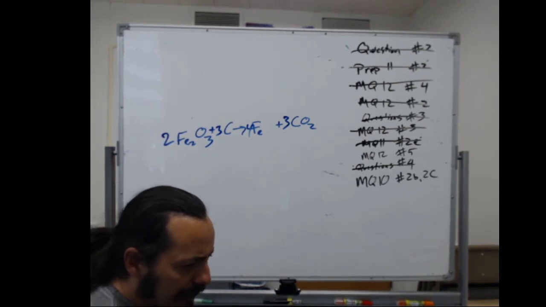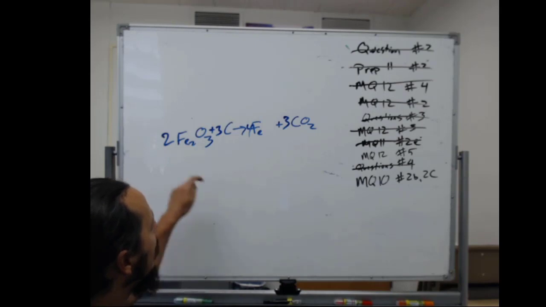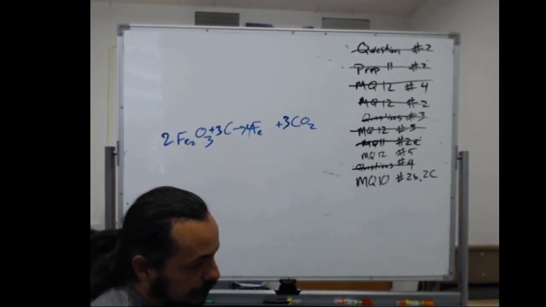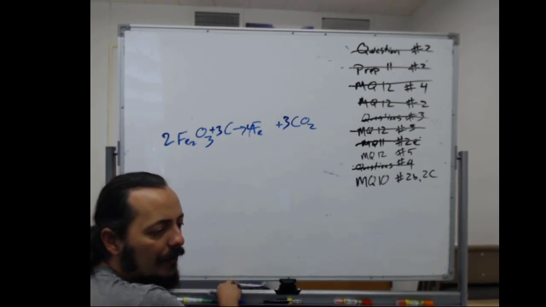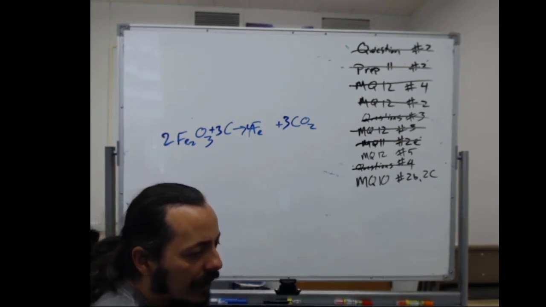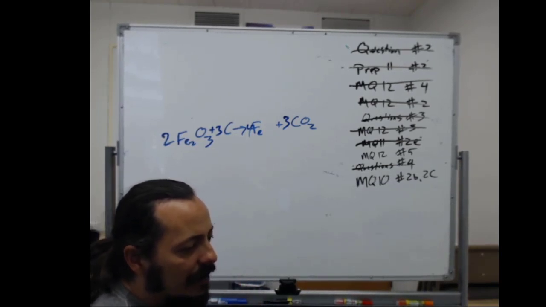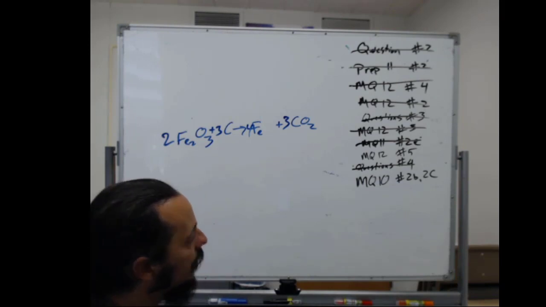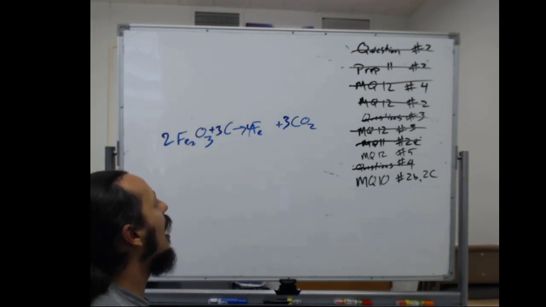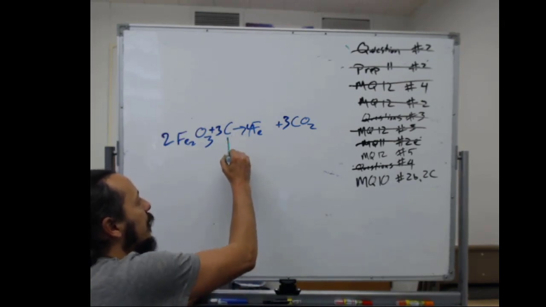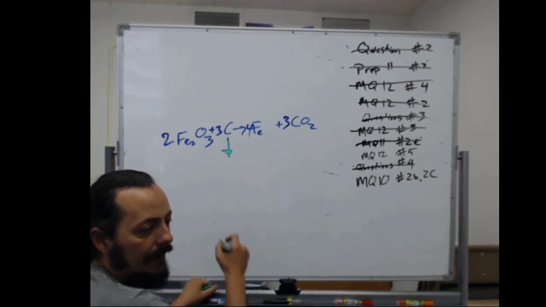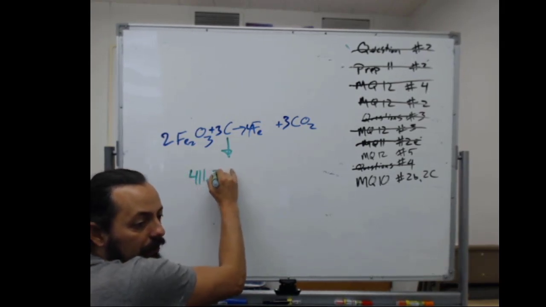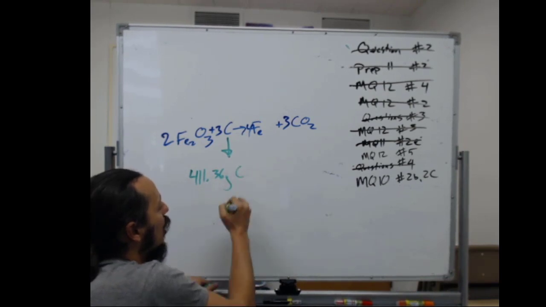Now, what we have to realize in each of these problems is they give us one of these things and ask us to find the others. So we're going to use that same type of thinking process we saw before. 2b says how many grams of iron can be produced with a particular grams of carbon. So we're going to assume that we have as much iron oxide as we want, and we're just going to worry about the grams of carbon. So I'm going to take my 411.36 grams of carbon.